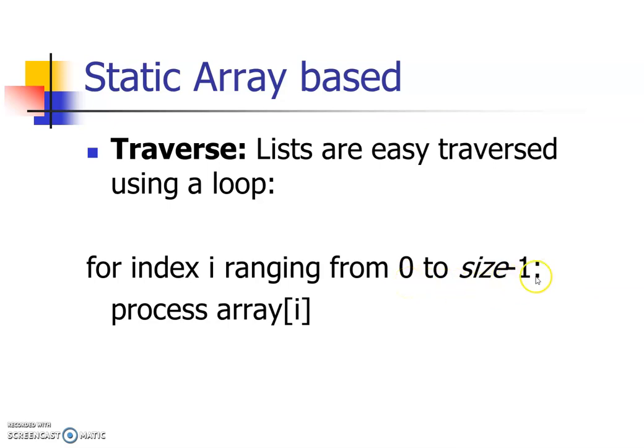So you need to remember to subtract 1. That will give you the last position of the array. And then every time you go through one item, you print it out, and you would be able to traverse every single item inside of the array. So that is 3 out of 5 functions discussed in the list.